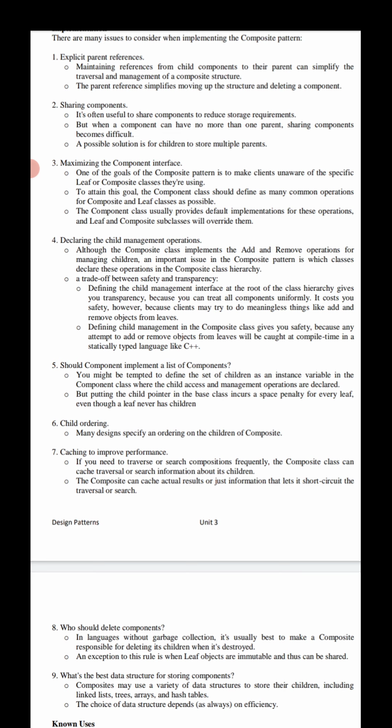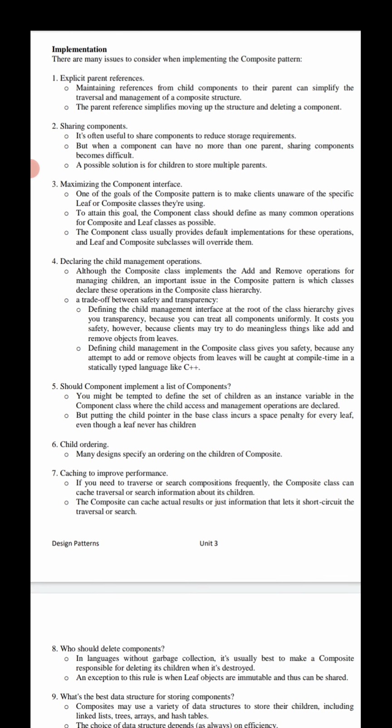One more point: the parent reference simplifies moving up the structure and deleting a component there. Okay, it is one of the best implementations of the composite design pattern, explicit parent reference. It also helps to support the chain of responsibility pattern.